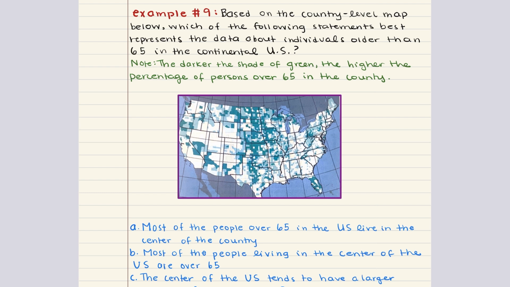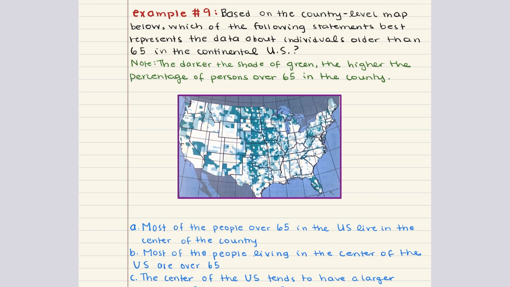A says most of the people over 65 in the US live in the center of the country. Now, this statement refers to the total number of people over 65 and not the proportion within counties. So this map doesn't show population counts, it only shows percentages.